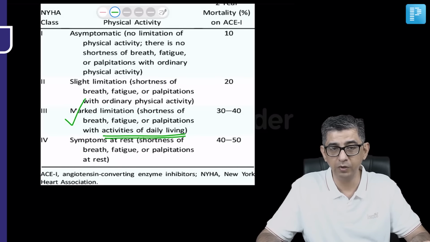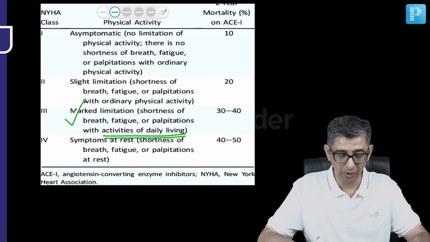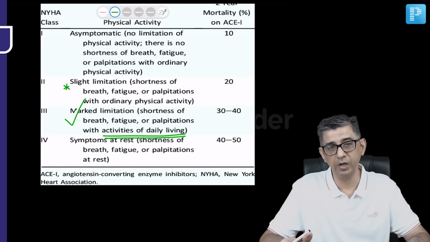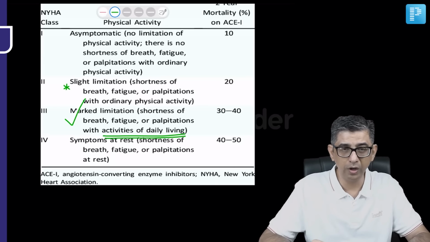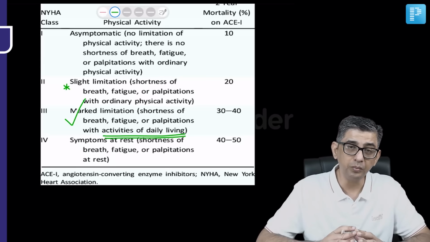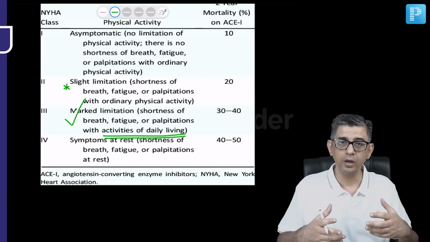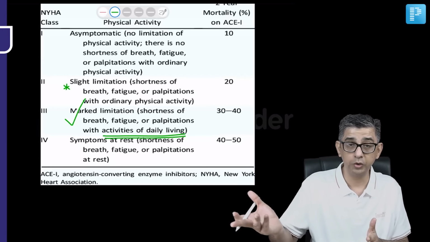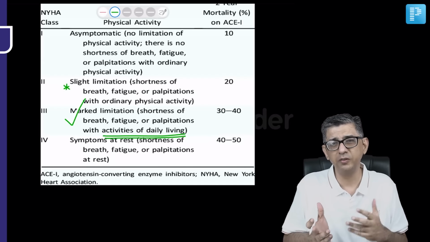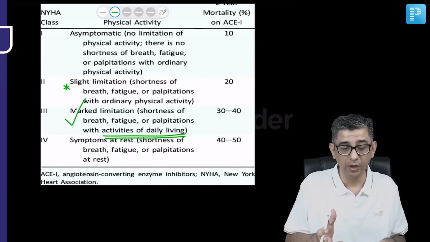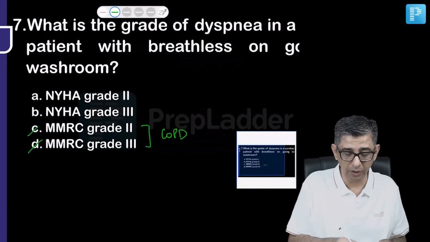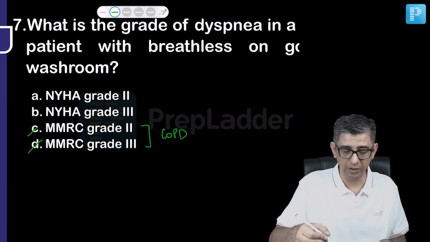This guy could be climbing one flight of stairs, never an issue. But in NYHA 2, he will say, I get breathless on going up an incline or up or down a flight of stairs. But when it comes to activities of daily living, like wearing clothes, going to the washroom, or taking care of personal hygiene, and he's breathless, that would be NYHA grade 3, and NYHA grade 4 would anyway be dyspnea at rest.